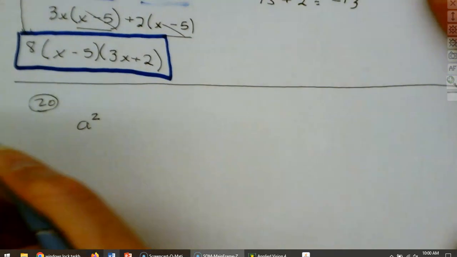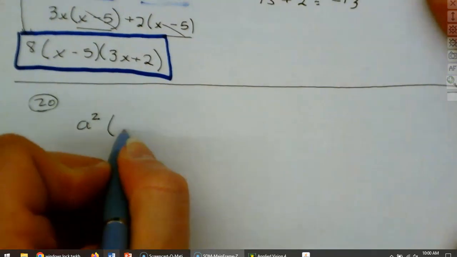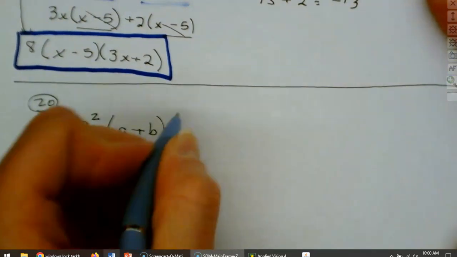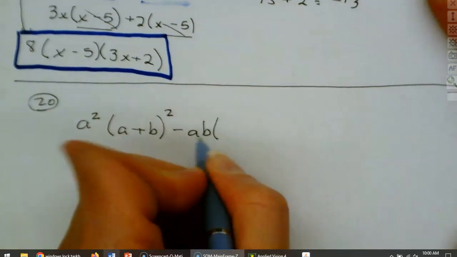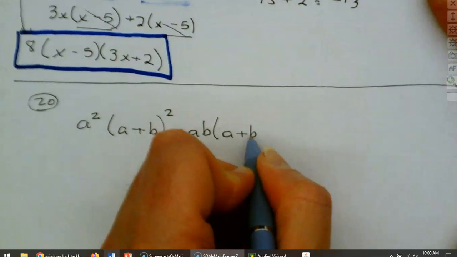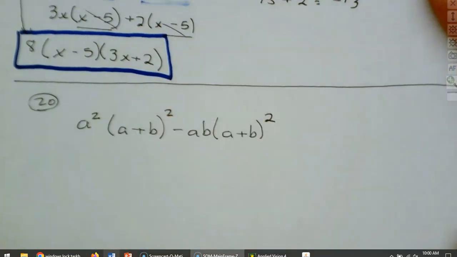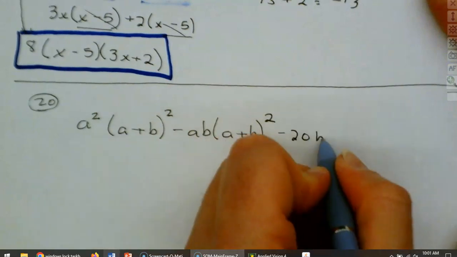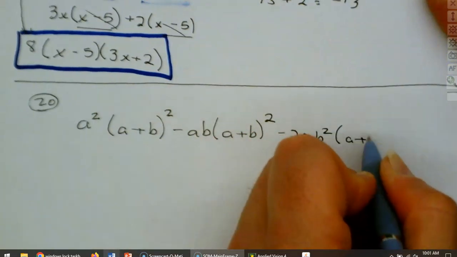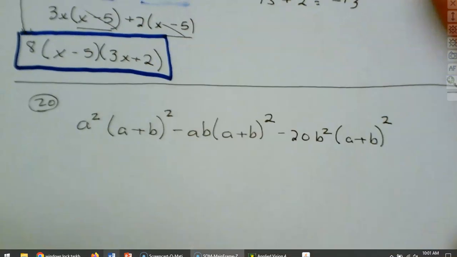Question 20 is a squared times a plus b quantity squared, minus ab times a plus b quantity squared, minus 20 b squared times a plus b quantity squared.